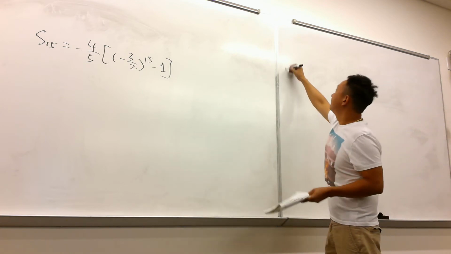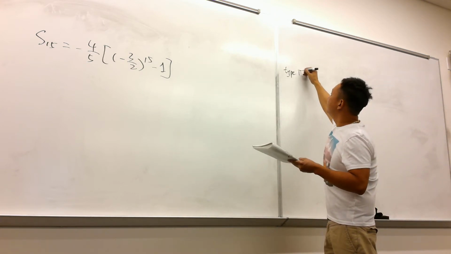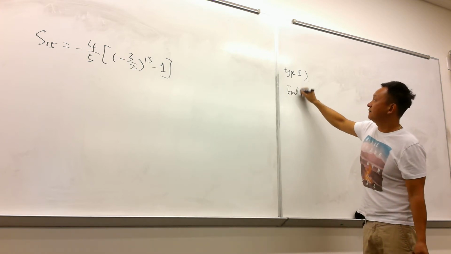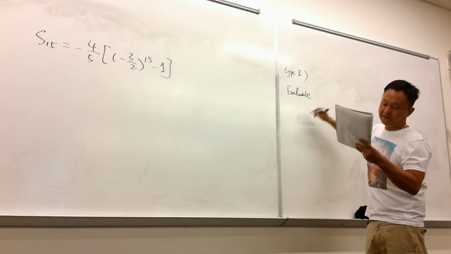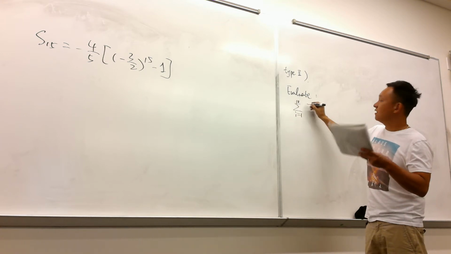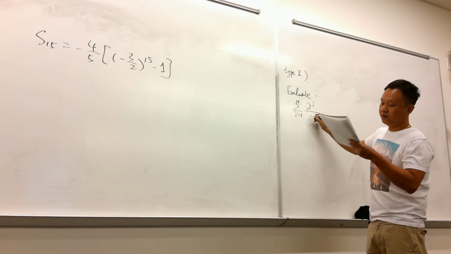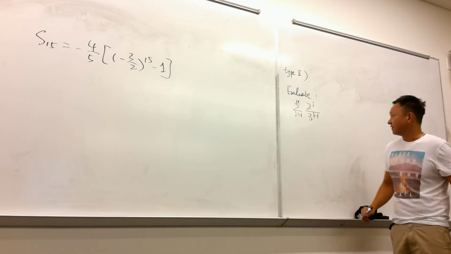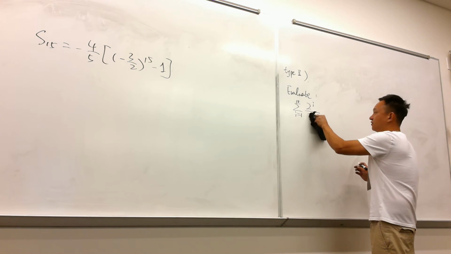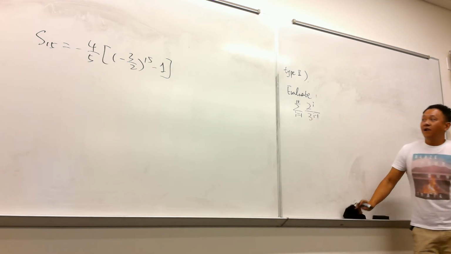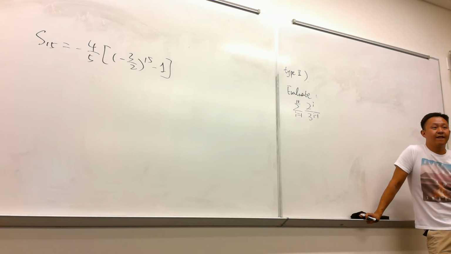So guys, the type 2 question is like the following. Evaluate the summation, I from 1 to 10, of 2 to the I over 3 to the I minus 1. That's the question, just that short. So guys, what are you going to do?